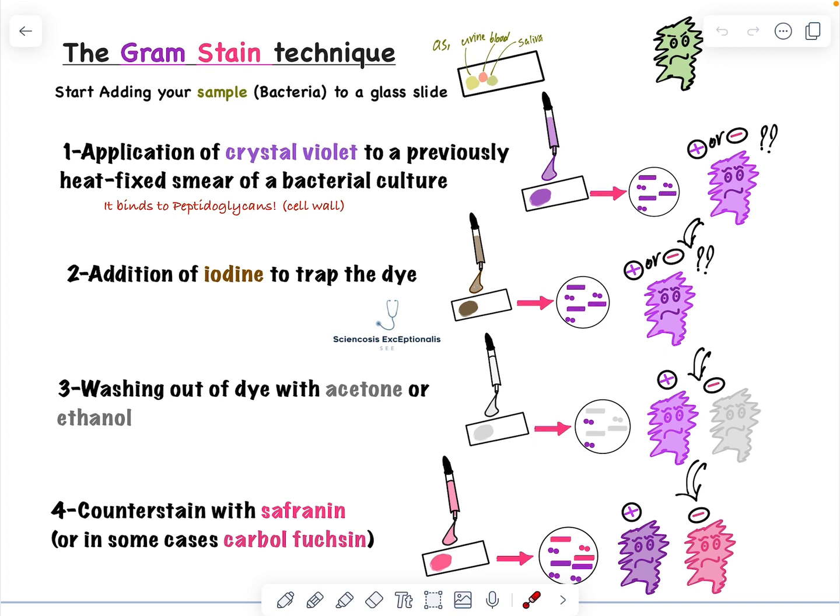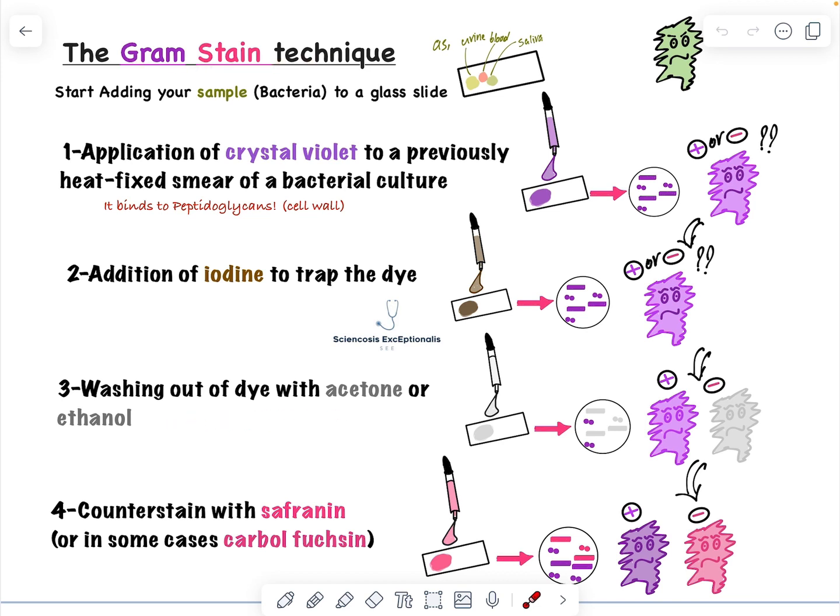So don't prolong the procedure more than a few seconds to stain the bacteria properly. Actually, we used to think that the third step, the differential step, is the final and last step in the gram stain technique.